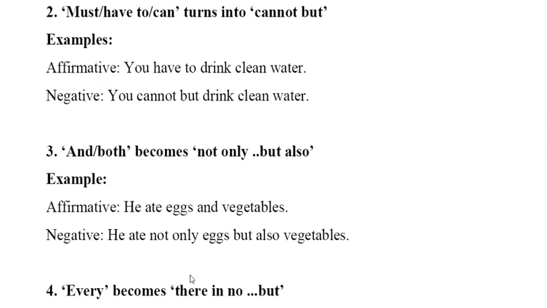Now it comes: must, have to, can, and they turn into cannot but, cannot help. In case of cannot help, you can take ing with the verb. So: you have to drink clean water. If you want to change it to negative: you cannot but drink clean water.